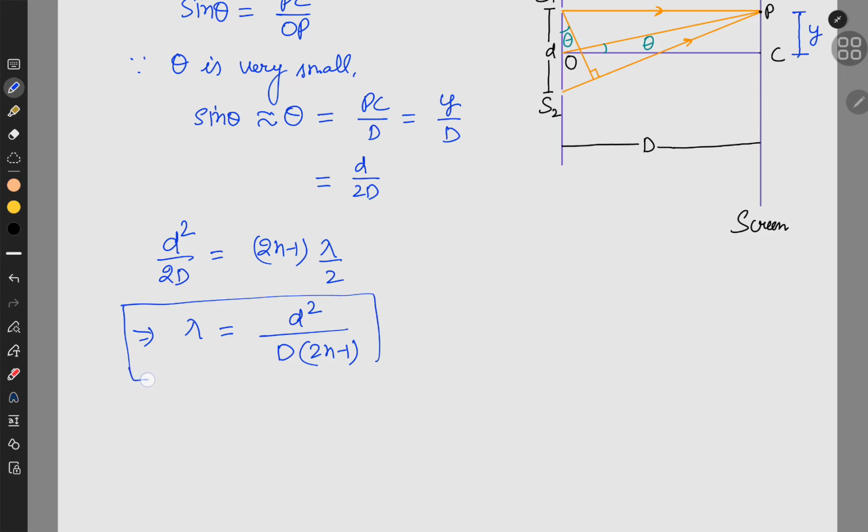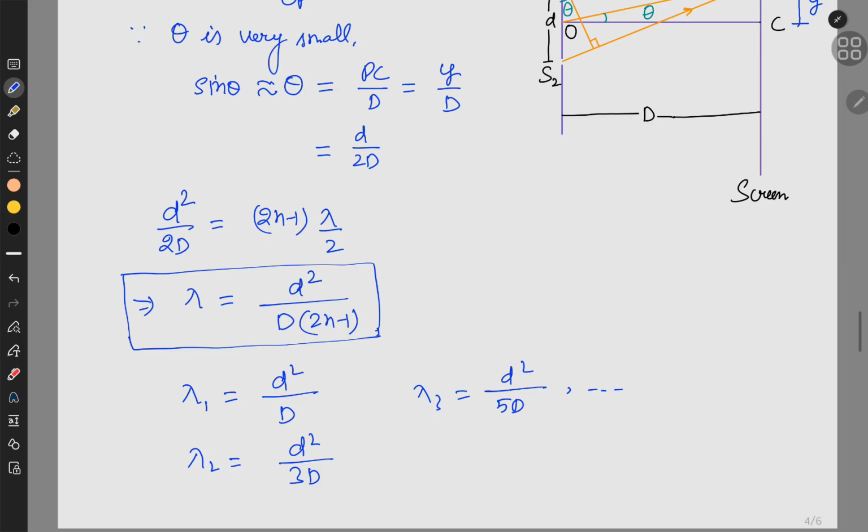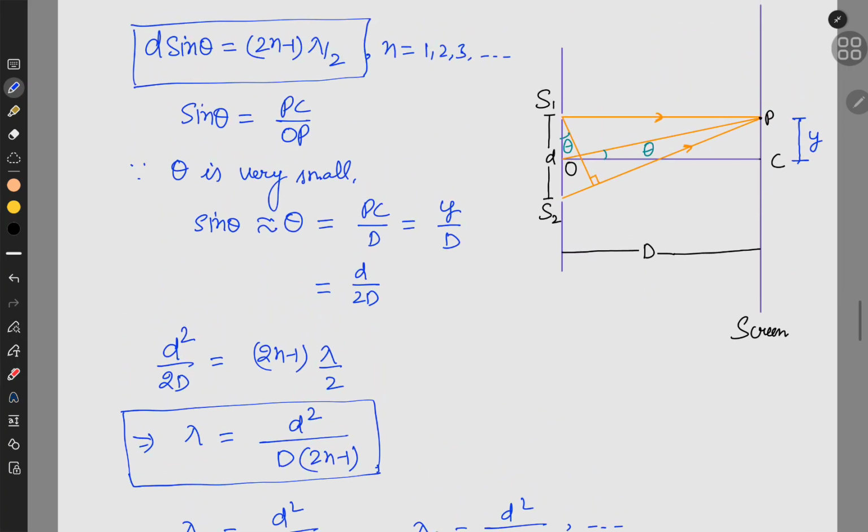So these will be the wavelengths which will be missing, and if we substitute different values of n, starting from 1, then lambda 1 that will be missing is d squared upon D, then lambda 2 will be d squared upon 3D, and lambda 3 will be d squared upon 5D, and so on. So these are the wavelengths that will be missing because of the destructive interference between the rays coming from S1 and S2 at point P.